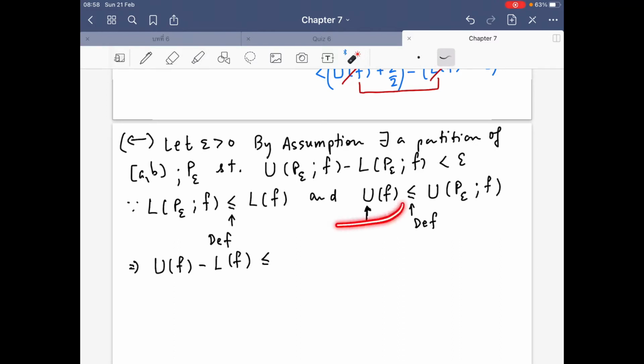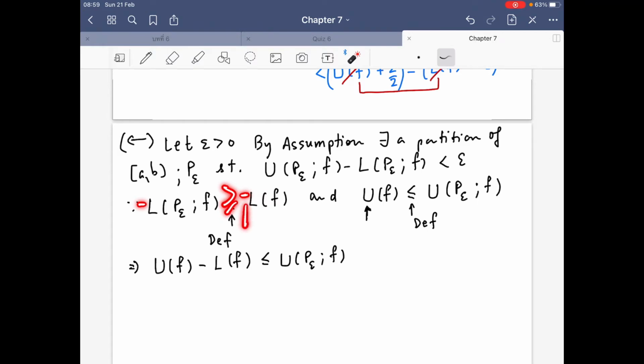from this relation first, for the first one, it will give you the U(P_epsilon, f), okay, and by the second assertion, the second relation, but you insert the negative first, so this one will be reversed, right?